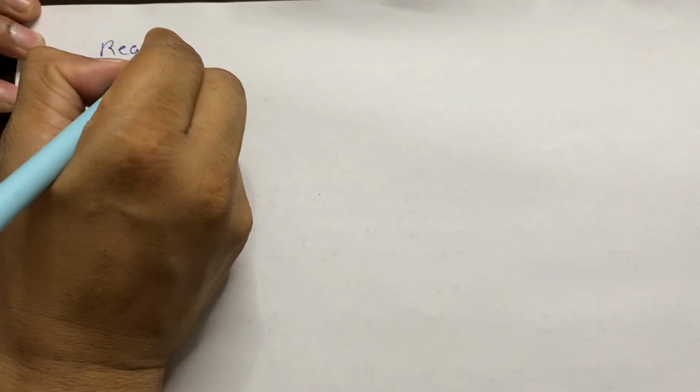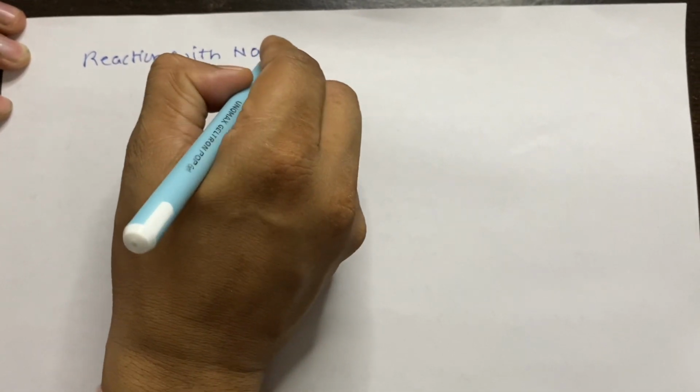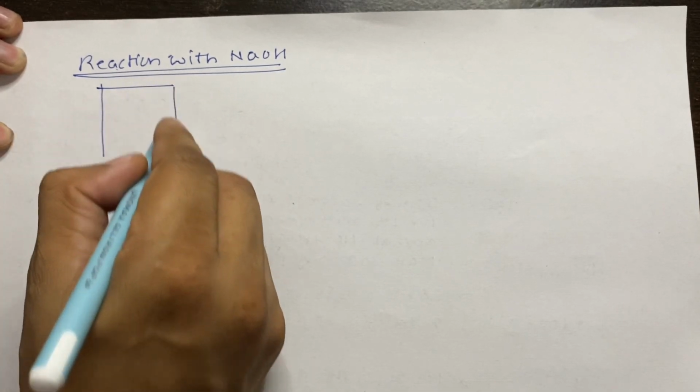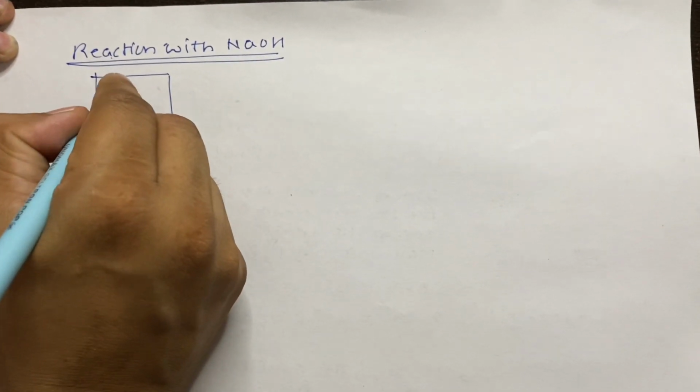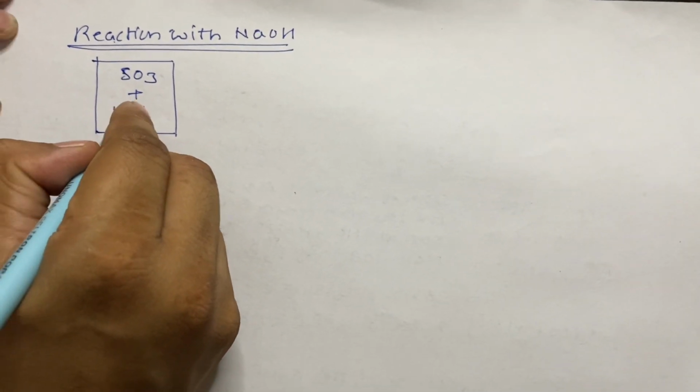We can take one thing more, that oleum sample reacts with base also. So reaction with base: this is oleum sample, which is a homogeneous mixture of SO3 and H2SO4.